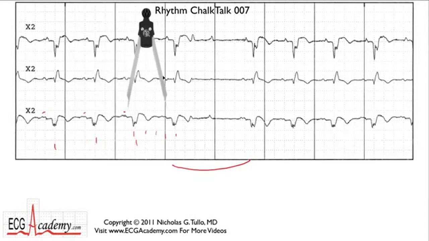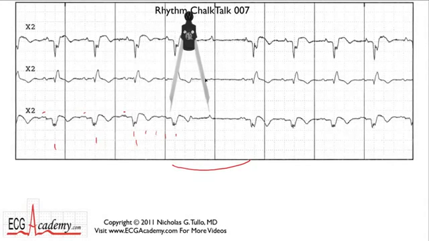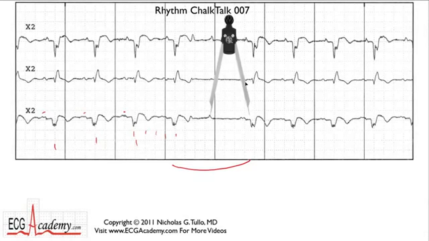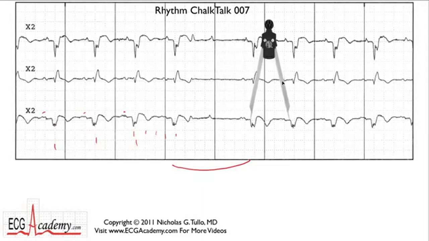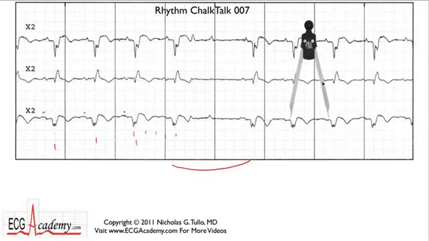And in fact, they do appear to be regular. And then let's see what happens with the next beat. When we put the calipers down, it looks like the QRS comes right on time. Now that's interesting. And they keep on going. So we have a P wave that appears to have not conducted.